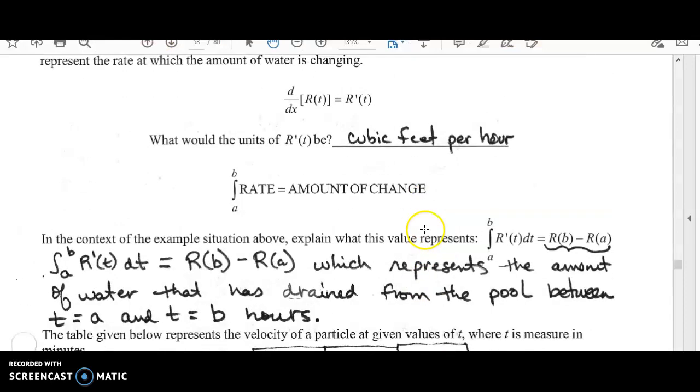Oops, I'm too far down. And you can see he wrote out per instead of how I wrote it as a fraction. But anyway, here's your answer, and it represents the amount of water that has drained from the pool between the time of t equals a to t equals b hours.